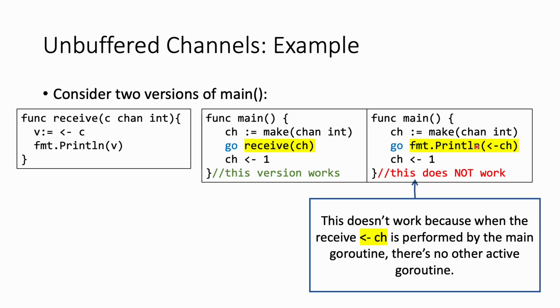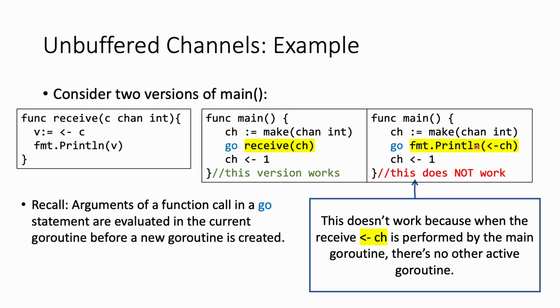To understand this, recall that arguments of a function call in a go statement are evaluated in the current goroutine before the new goroutine is created.